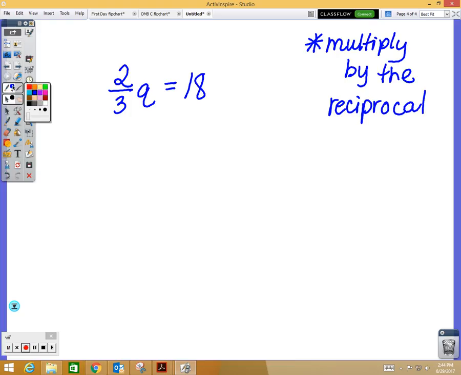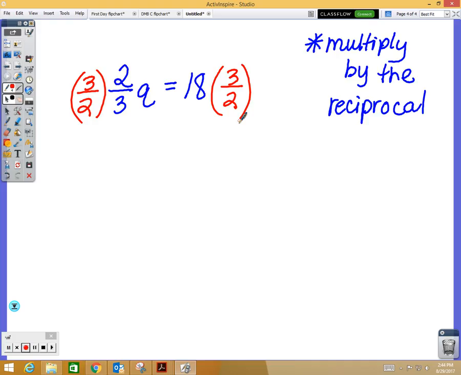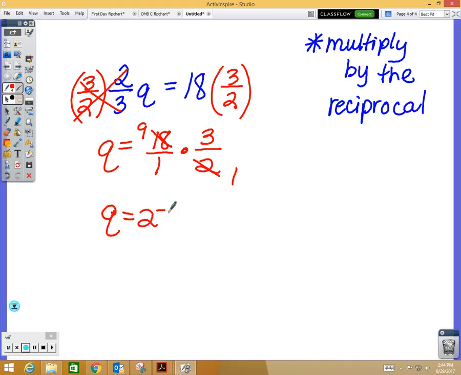So the reciprocal of 2/3 is 3 over 2. So these cancel out. And 18 over 1 times 3 over 2, my advice would be to cross-reduce. Some people told me 27. Good job. You could do 18 times 3 and then over 2.